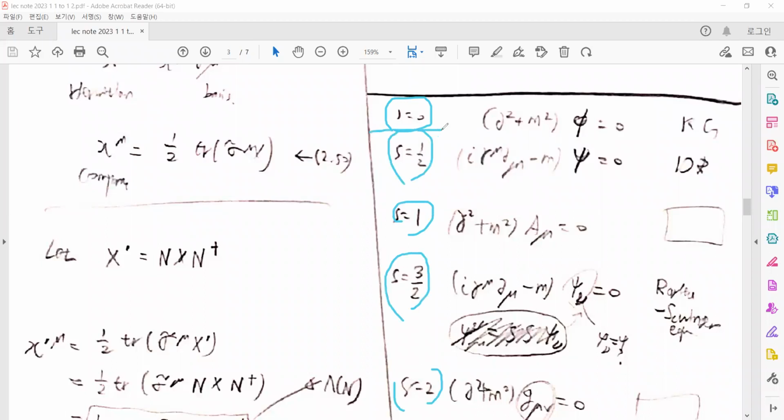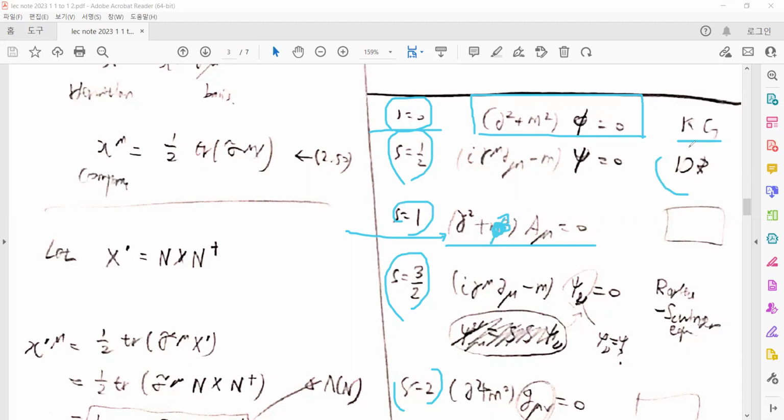For spin equal to 0, there is the Klein-Gordon equation, just the relativistic version of Schrödinger's equation in quantum mechanics. And also we can construct the spin 1 free particle equations of motion in such a form, but I didn't discuss it here.